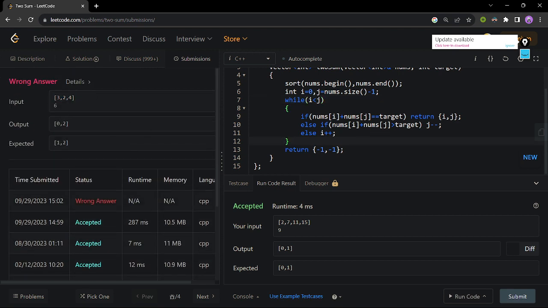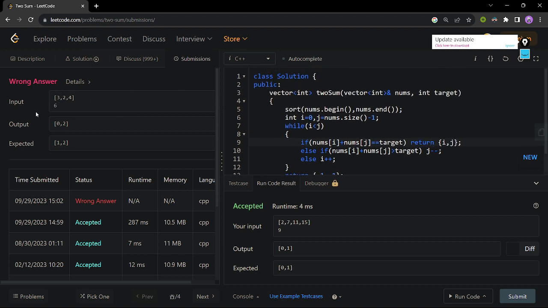Let me check 2 3 4, have to find 6. Nums of i plus nums of j equal to target. Okay, I have to return the original indices. So I have to take a vector pair.